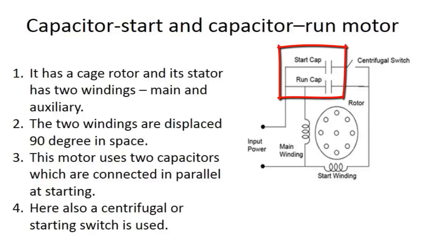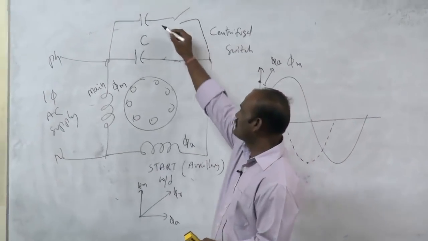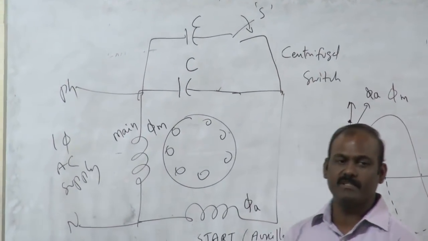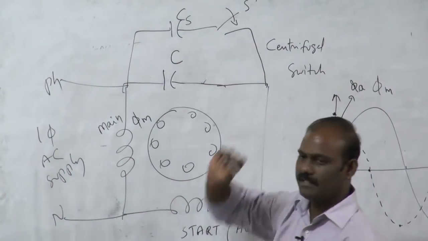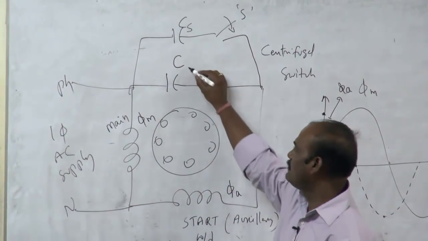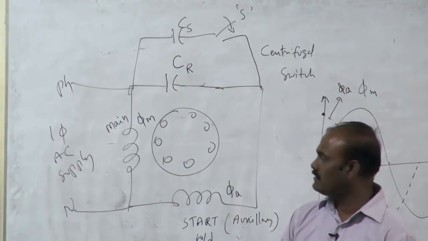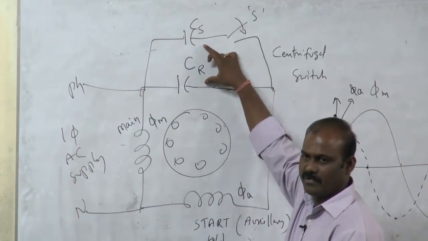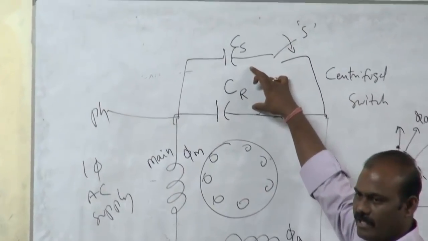You can easily tell from the diagram which capacitor is for which purpose, because the capacitor which is connected in series with the switch is the capacitor used for the starting purpose, right? So this is CS, start, and CR, run, right? So two capacitors are there. If the switch is closed, the net capacitance will be there, because these two capacitors are in parallel, right? So the net capacitance value will be there.